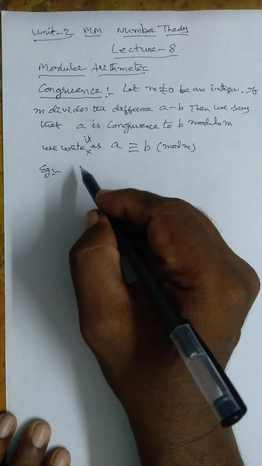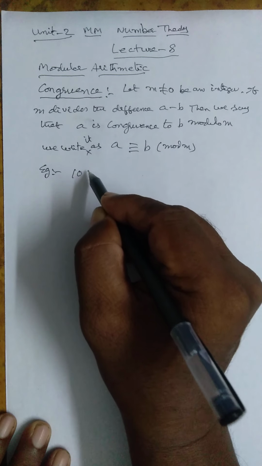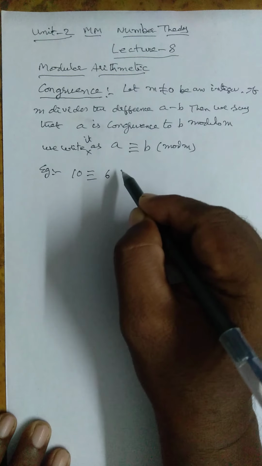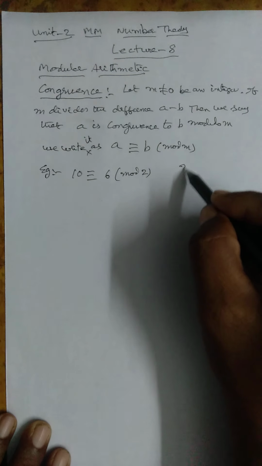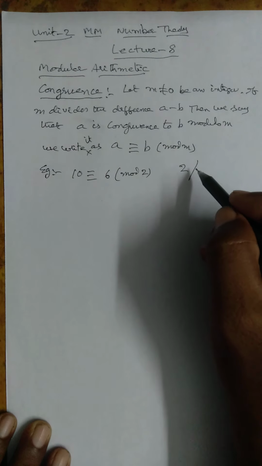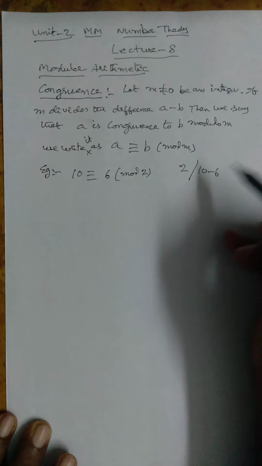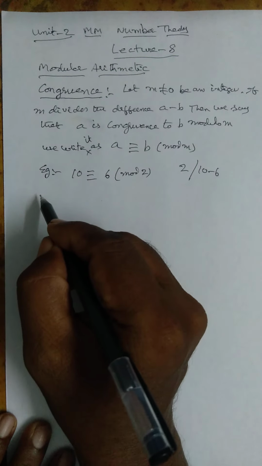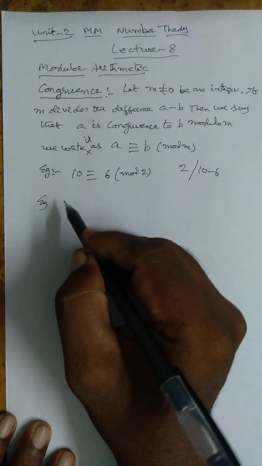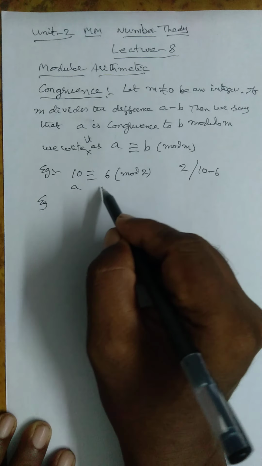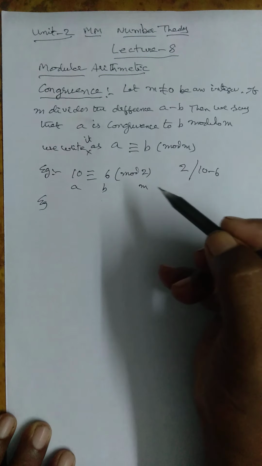Example: 10 is congruent to 6 mod 2. 2 divides 10 minus 6 clearly. Another example. So this is a, this is b, this is m.